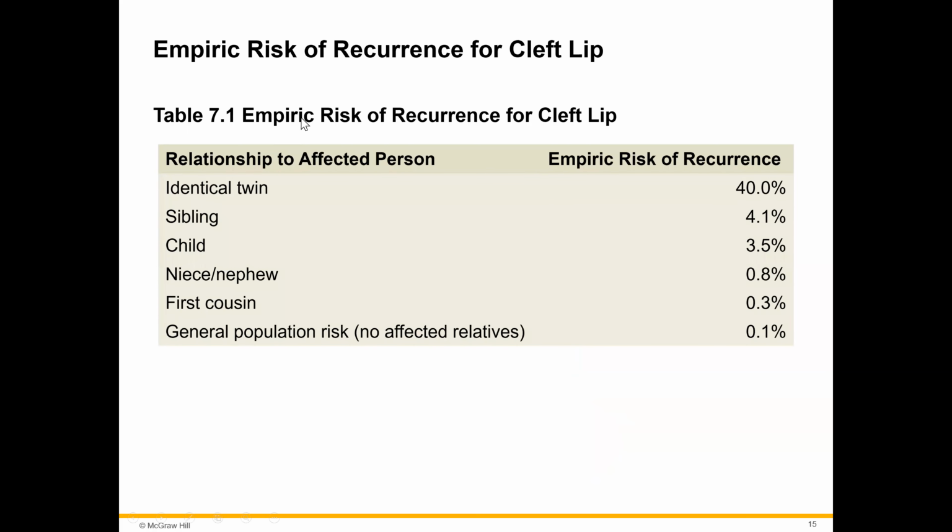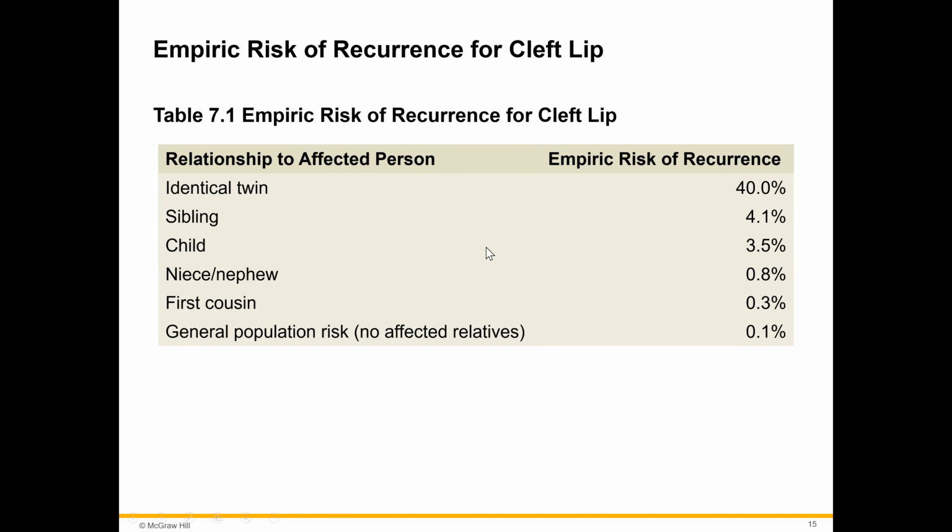So over here, maybe this gives us a better understanding of what this empirical risk is. So empirical risk is recurrent. So what is the percentage that this condition will happen in identical twins, for example? So in identical twins, what is our chance that both of them will have a cleft lip, right?